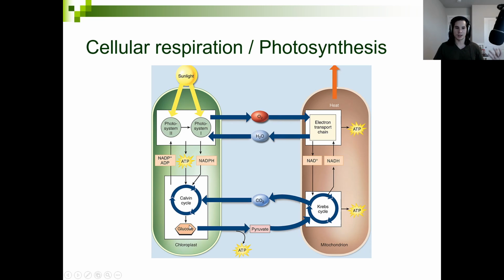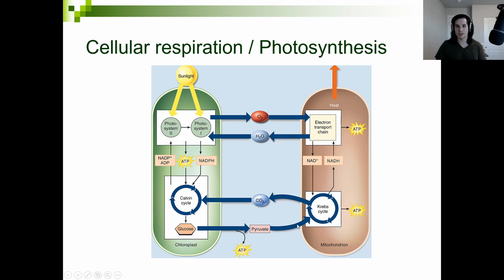So now let's say your plant also needs energy currency to conduct cellular processes. Well, you're going to send that glucose over into the cytoplasm of the cell, and it's going to be broken down through glycolysis. Just like when we were talking about cellular respiration, that glucose sent into the cytoplasm is broken down into pyruvate.